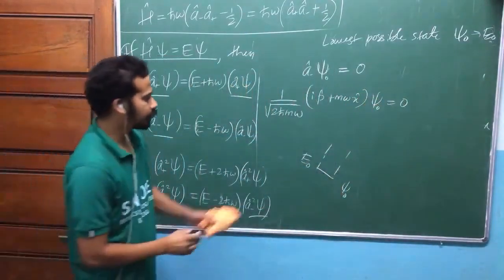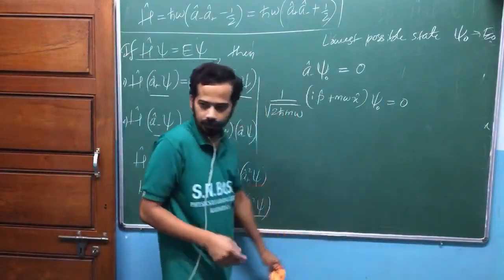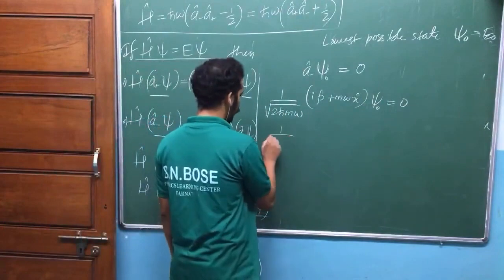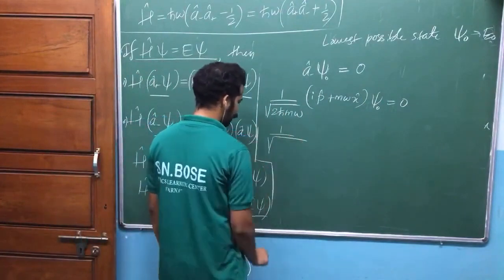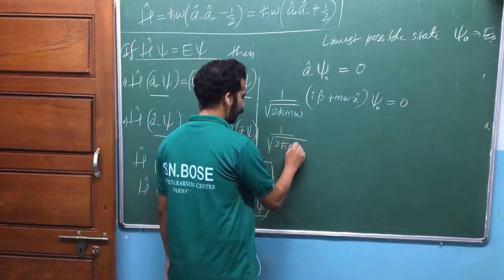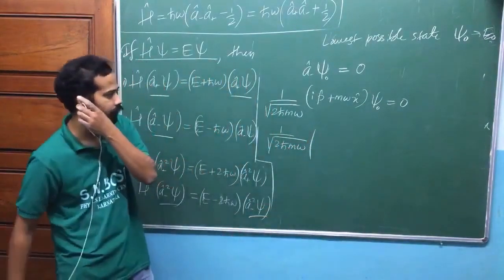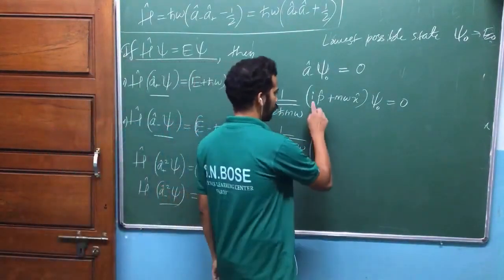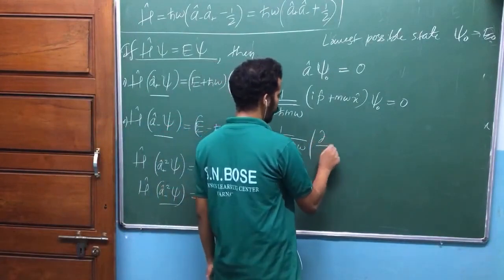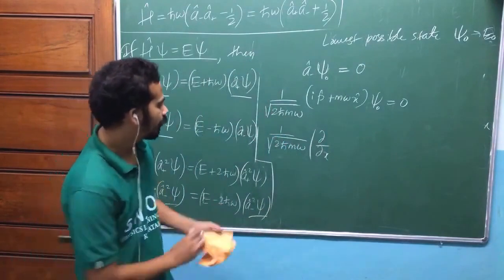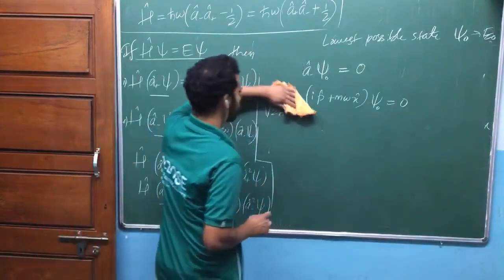Why is this a differential equation? Because p cap is a differential operator. It's a derivative operator, isn't it? 1 by root of 2 h bar m omega, okay? What is this one? Minus I h bar, am I right? That becomes minus plus dou by dou x, h bar into dou by dou x. Since you have 0 in the right hand side, can I rub out this part?